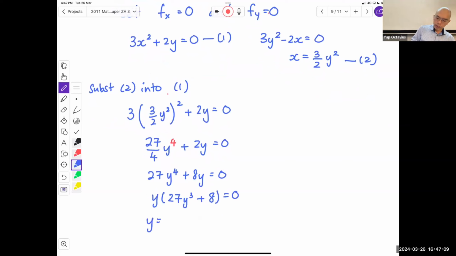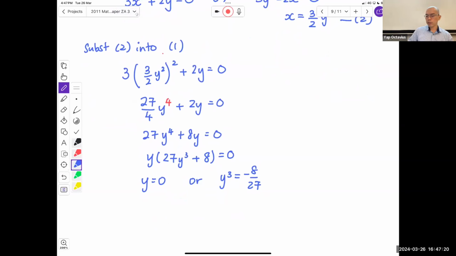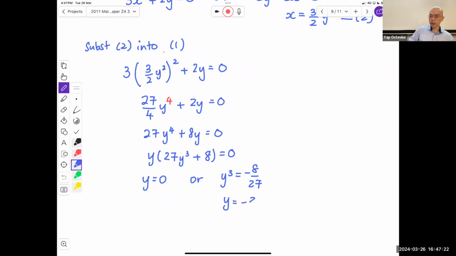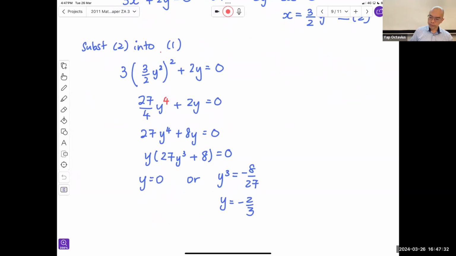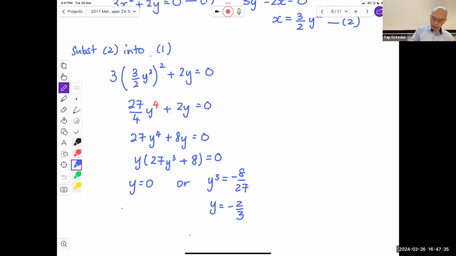So you get y equals 0, or y cubed is equal to negative 8 over 27. Very nice number, perfect cubes. So your y is equal to negative 2/3. Okay, so our x is this. We just put the value back to here. So x is equal to 0, or x is equal to 3 over 2 times negative 2 over 3, whole thing squared.